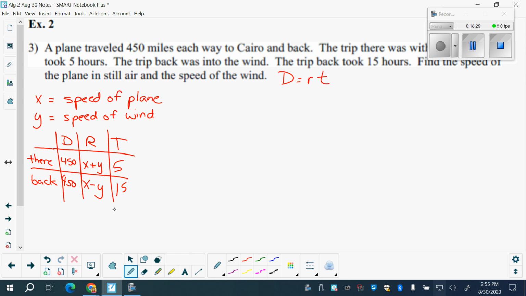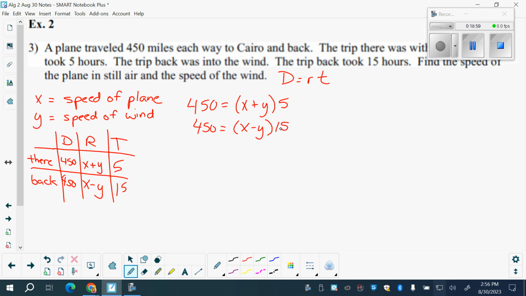My distance is 450, and I'm setting it equal to the rate, which in this case is x plus y, times the time, which is 5. In my next equation, again, I set 450 equal to, this time, x minus y times 15.